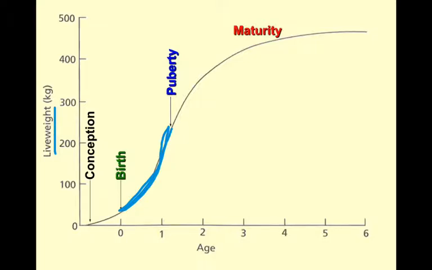Then once we cross over from puberty, we start to see that growth rate slowing down until it hits a plateau point, and that's where we call maturity. Once that animal hits maturity, we see a leveling off of that growth curve where that animal is considered mature, not growing in live weight or body weight anymore.